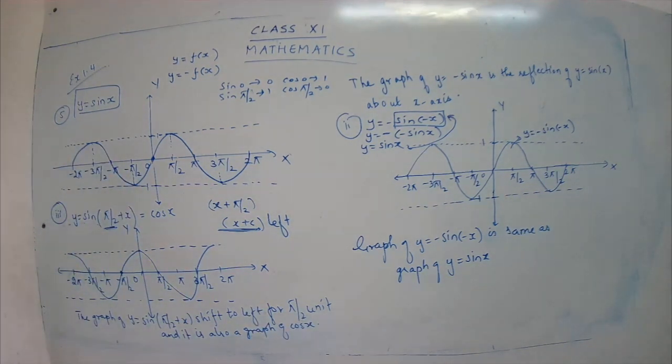Very simple. So the graph of y is equal to sin(pi by 2 plus x) shifts to the left for pi by 2 unit, and it is also the graph of cos x. Clear? Okay. Now let's come to the last subpart.